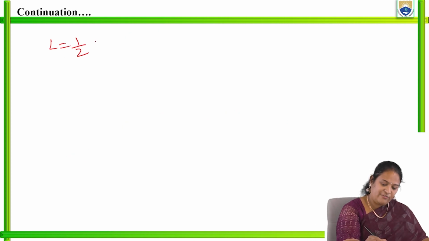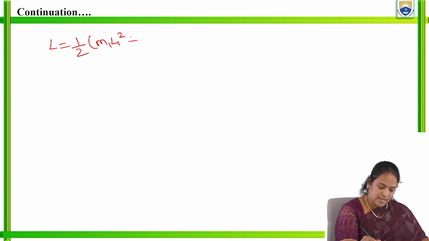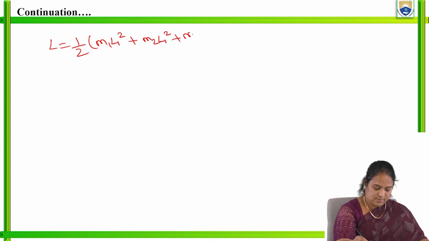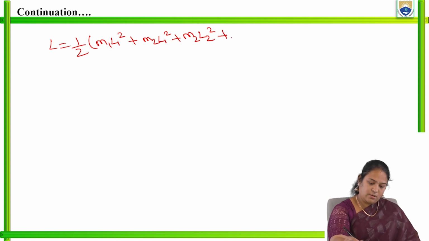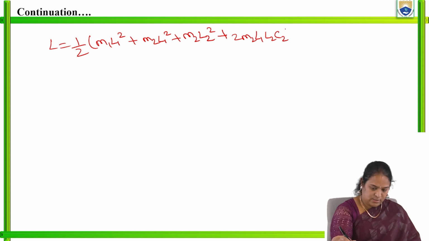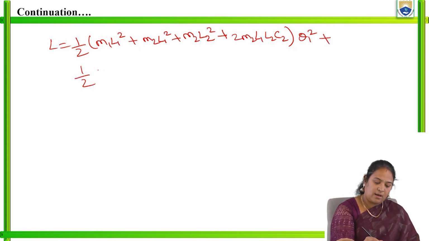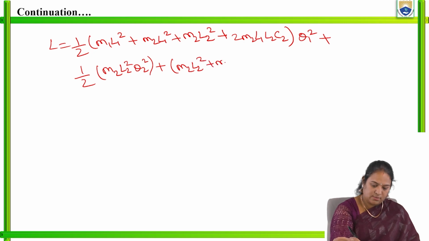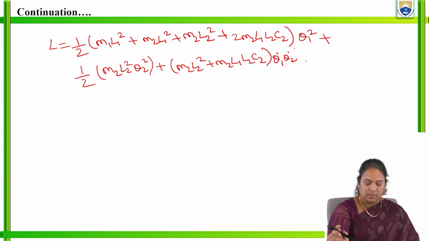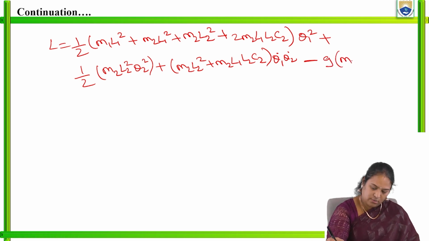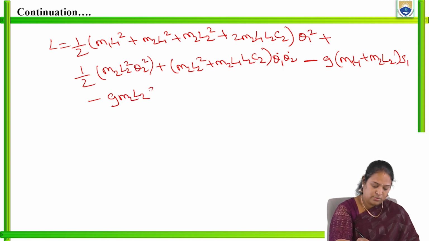So L will be equal to half m1 l1 square plus m2 l1 square plus m2 l2 square plus 2 m2 l1 l2 c2 into theta 1 square plus half of m2 l2 square theta 2 square plus m2 l2 square plus m2 l1 l2 c2 into theta 1 theta 2, right, minus g into m1 l1 plus m2 l2 s1 minus g m2 l2 s12.